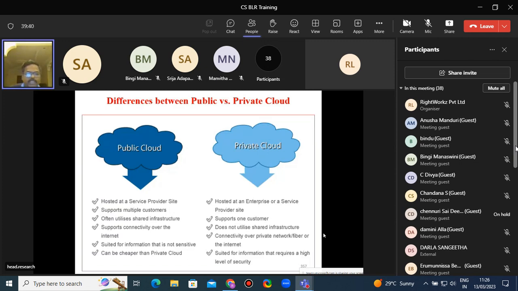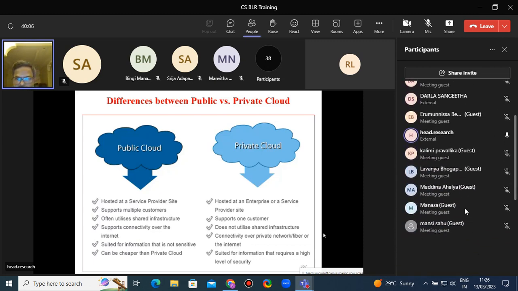Public cloud supports connectivity over the internet. Private cloud connectivity over private network or fiber or the internet. Public cloud suited for information that is not sensitive. Private cloud suited for information that requires a high level of security. So public cloud can be cheaper than private cloud. Private cloud is costlier than public cloud.